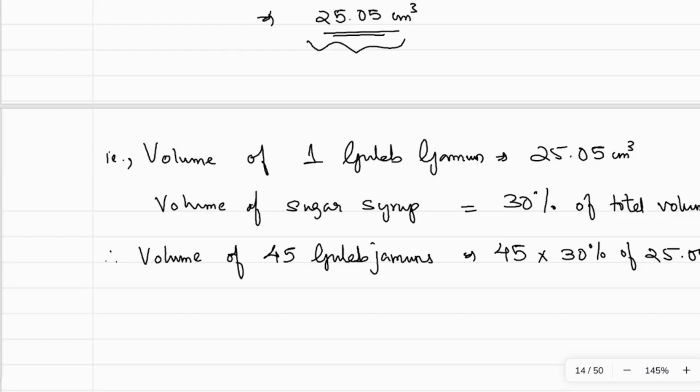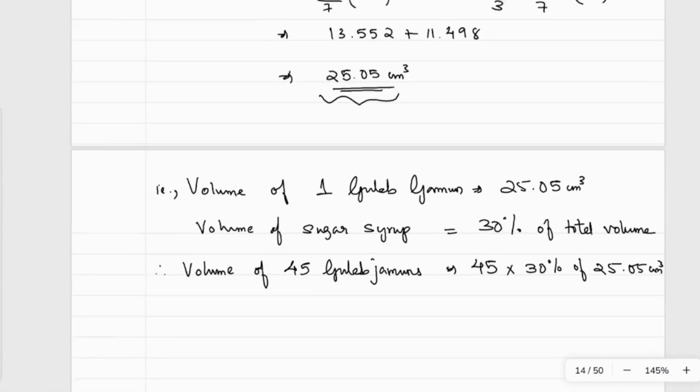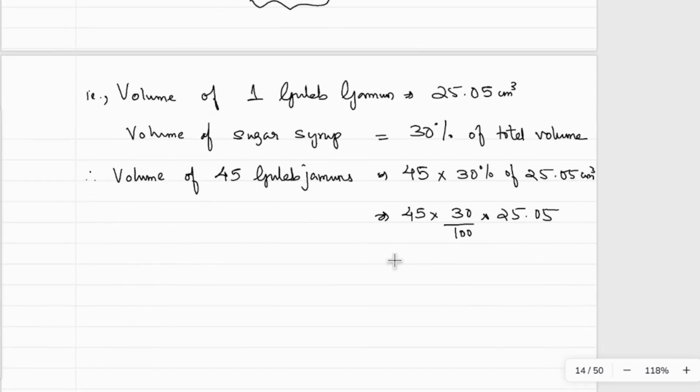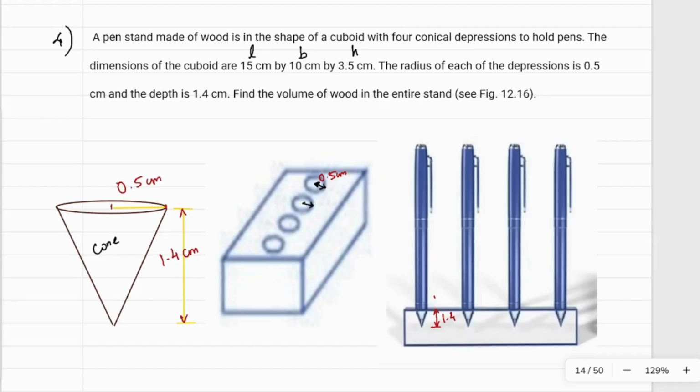So, that is equal to 45 into 30 by 100 into 25.05, which is equal to 45 into 7.515 centimeter cube, which is equal to 338.184 centimeter cube. Okay, now let's do question number 4.